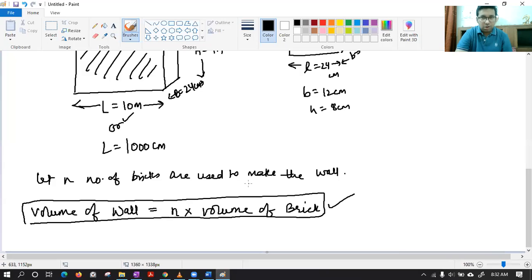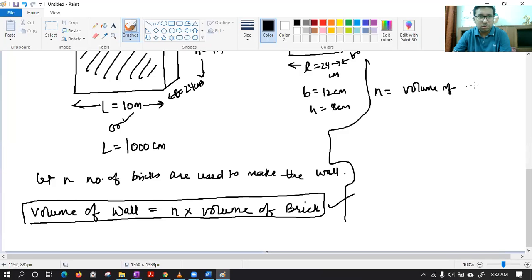Okay, let me try to write on the right hand side. So in the same form of this question, we can say n will be given by volume of wall upon volume of one brick.